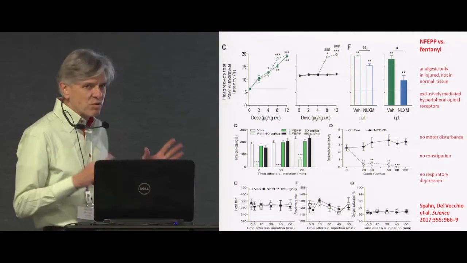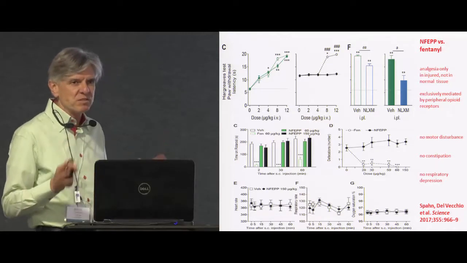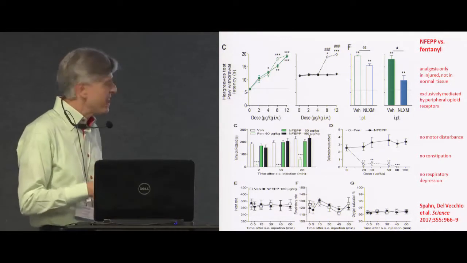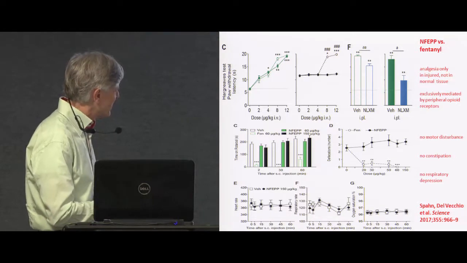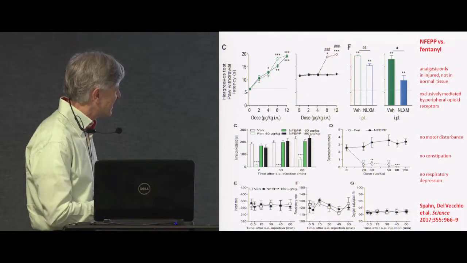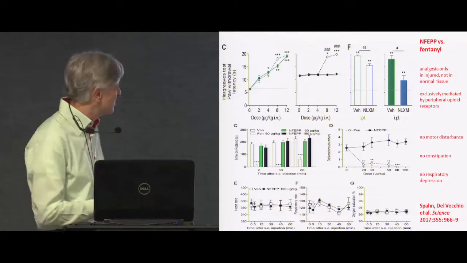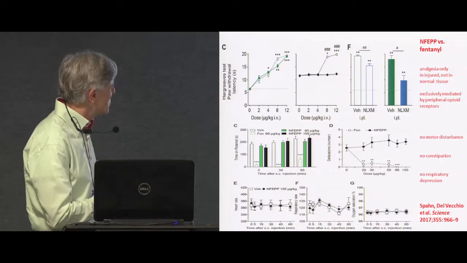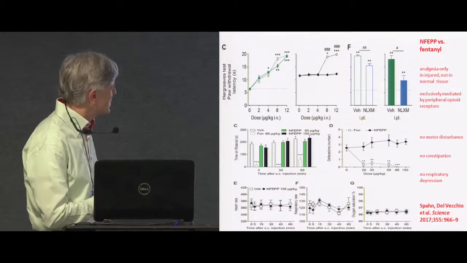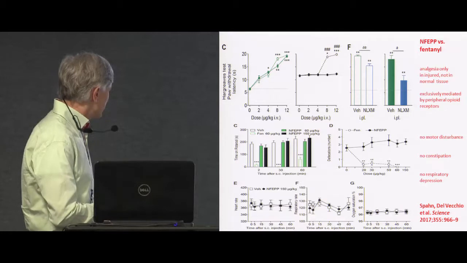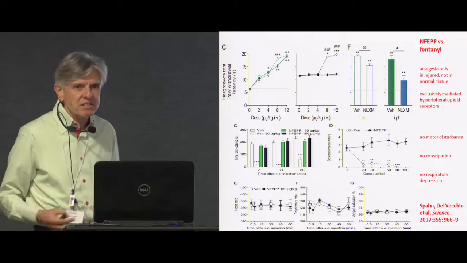So this was according to the theory that this compound would only work at low pH in inflamed paws. It is reversible by this peripherally acting antagonist, naloxone methiodide, whereas normal fentanyl is only reversible by 50%. Then we looked at other central side effects.